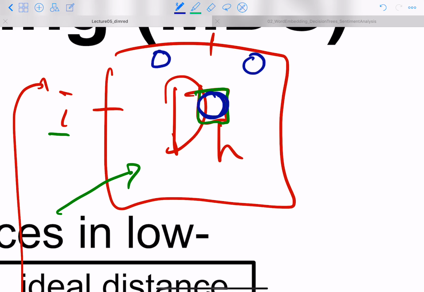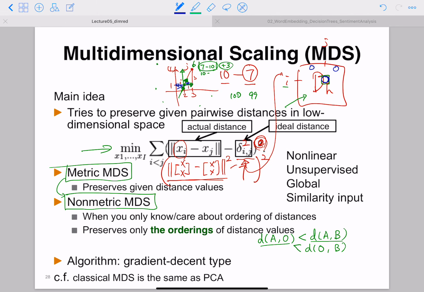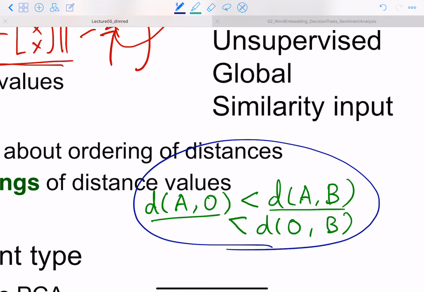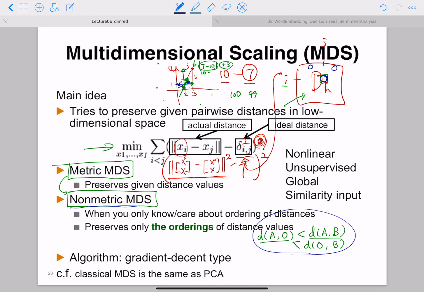So we can take as input this relative distance ordering, or inequality. If we have this relative ordering as the original input to perform this MDS, that is called non-metric MDS, because our distances are not computed from the metric space of the original high-dimensional space, okay?